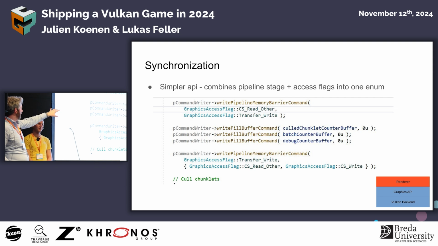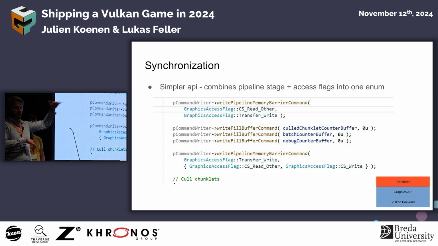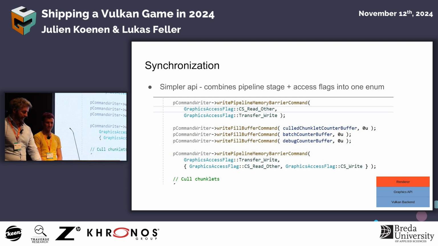The only thing we did was merge the access flag and the stage mask. If you're familiar with Vulkan pipeline synchronization, usually you have to specify both, and we merge them into one enum with all the combinations we actually use, which is not that many. That makes it easier to reason about.